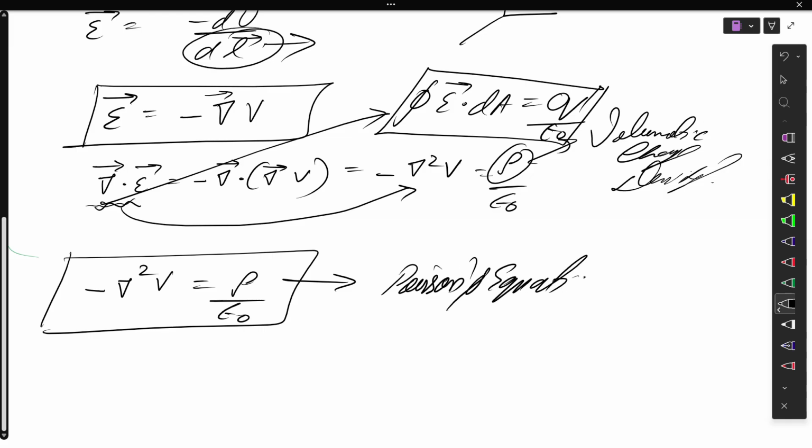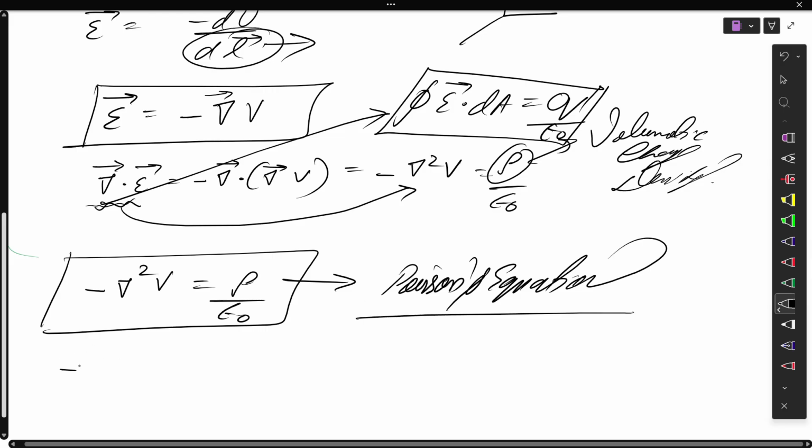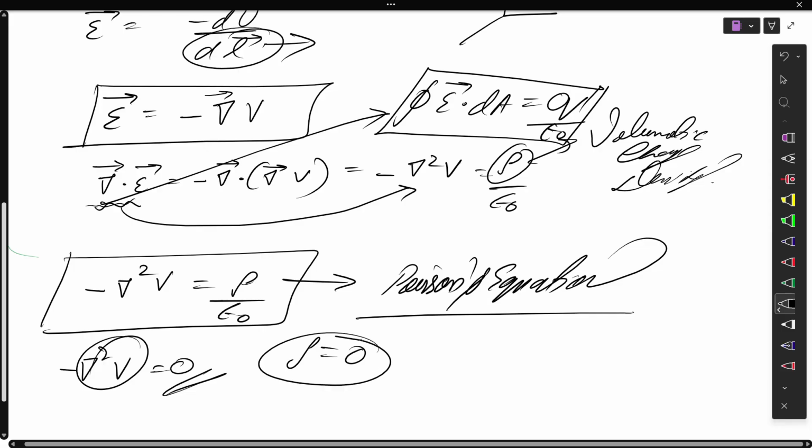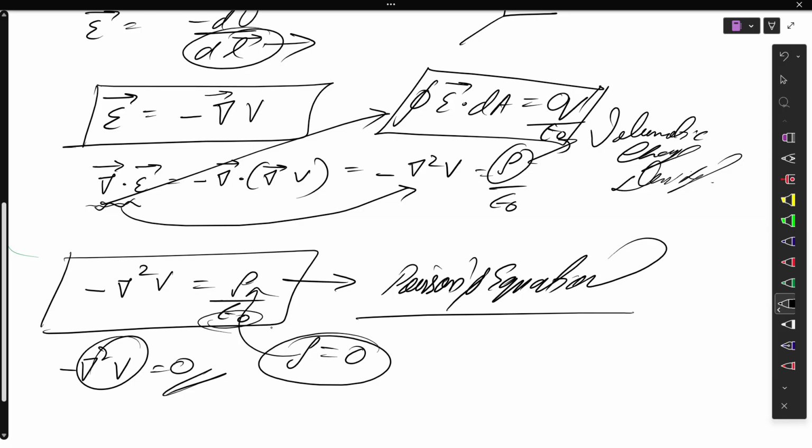Laplace equation is actually a special case of Poisson's equation, which states that when the double nabla of V is equal to zero, it's very logical that the volumetric charge density must be zero, since epsilon naught can't be zero. It's always greater than or equal to one, even if we consider the relative dielectric constant.